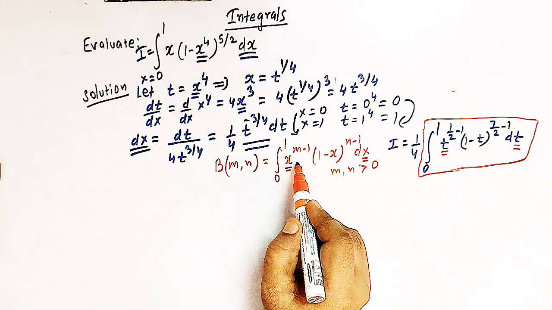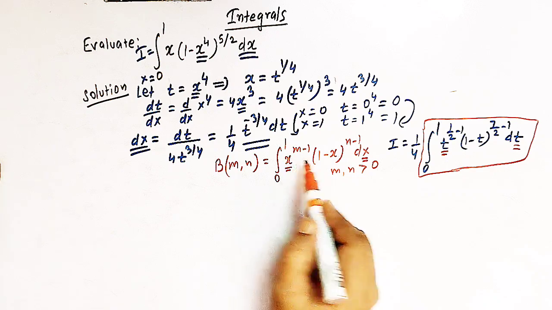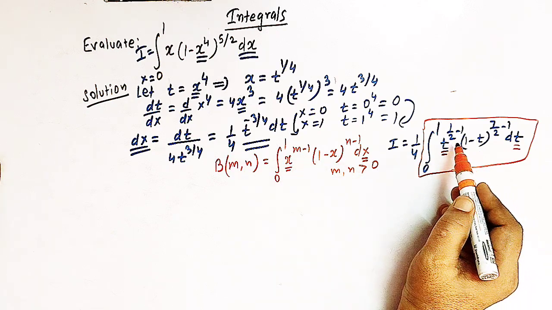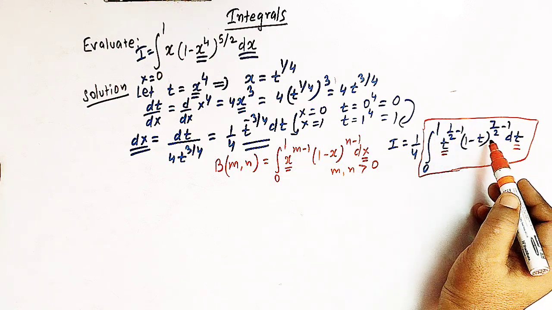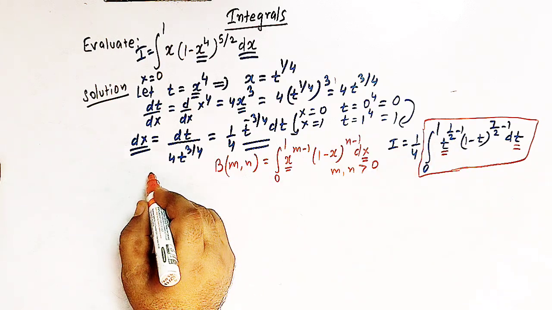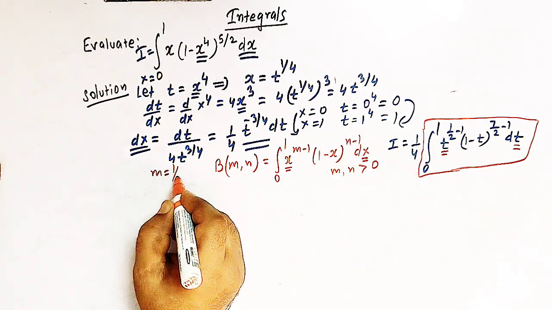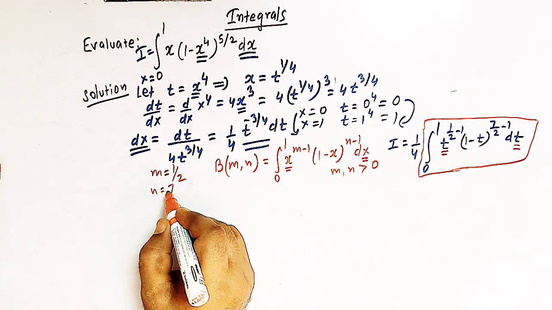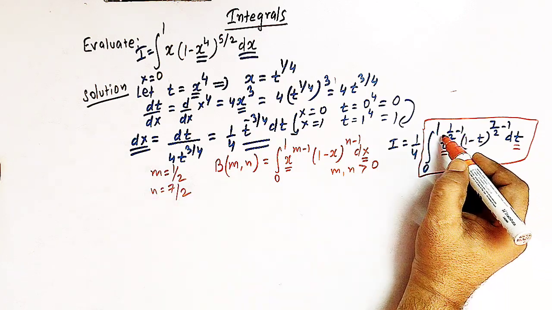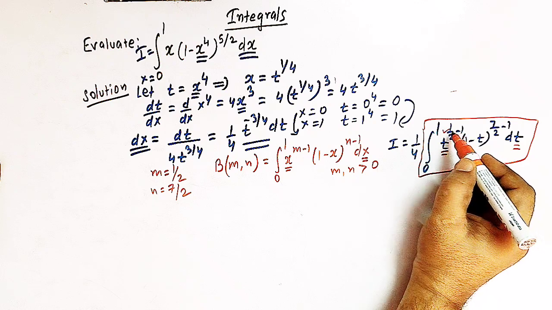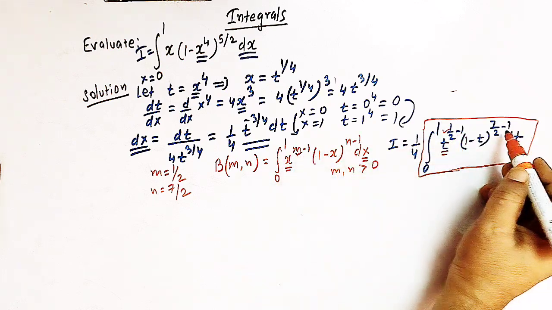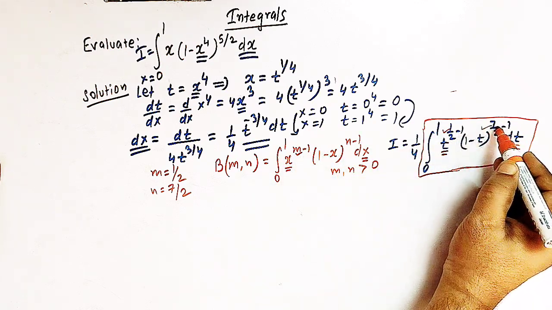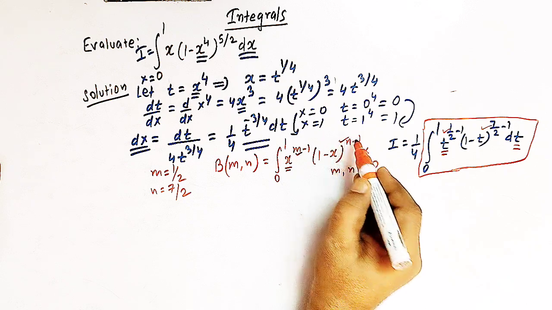So now if we compare this integral with this one, then this is a beta integral, and the value of m is equal to half, and the value of n is equal to 7 over 2. So this 1 over 2 is our m, and this 7 over 2 is our n, right?